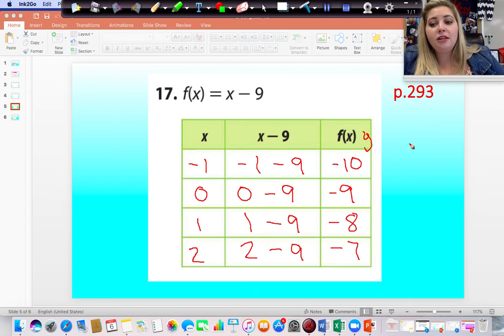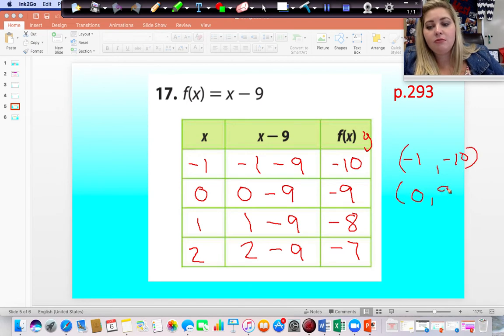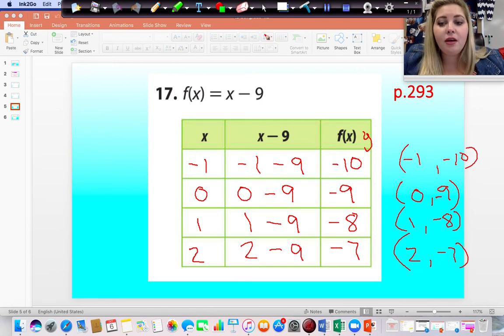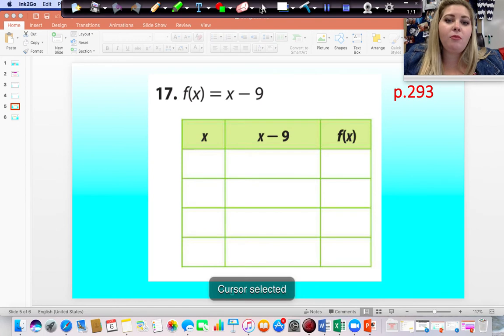Okay, so our answers here would be our x and our f of x, or our x and our y. So -1, -10. 0, -9. 1, -8. And 2, -7. Okay? We have one more problem and then we will be done.